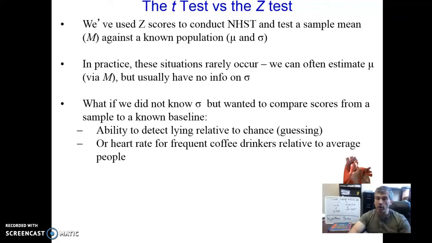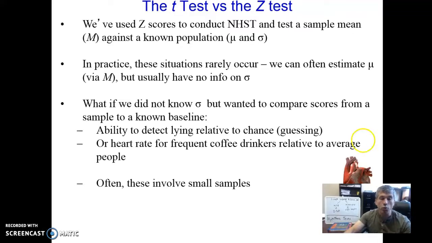In that case, we couldn't run a z-test because, again, we're missing that population standard deviation, that sigma. Also, these sorts of tests can sometimes involve small samples, relatively few people in a sample. The sample size thing is mostly moot for this course because we use data sets that are really simple by design. There aren't many people in them. But in reality, how many people are in your sample has a pretty dramatic effect on the predictions you can make.